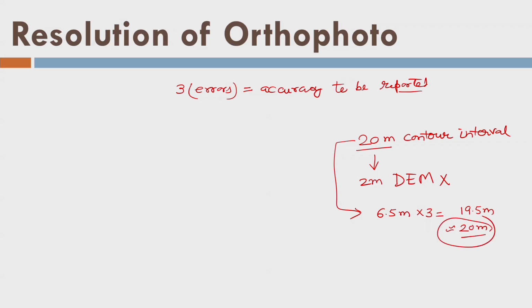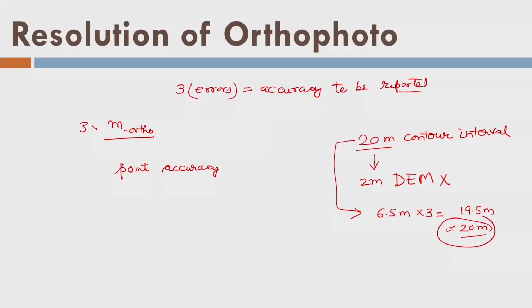Similarly, suppose you find out the accuracy of the orthophoto, M ortho, maybe a point accuracy. You have calculated it and you want to resample your orthophoto, or generate the true orthophoto which is accurate enough, giving whatever accuracy is really there.